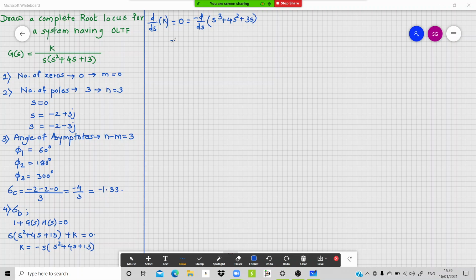So we'll get 0 is equal to 3s square plus 8s plus 13. Sorry, 13 it is. Oh, sorry, 30. So 30.